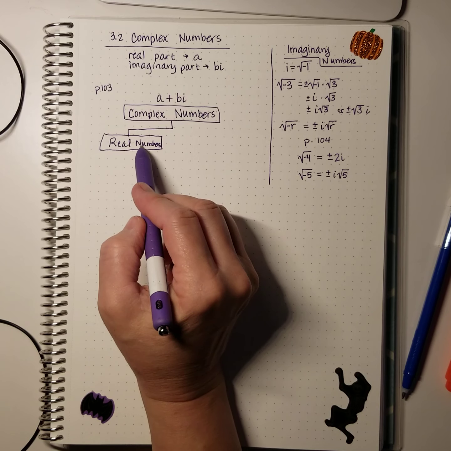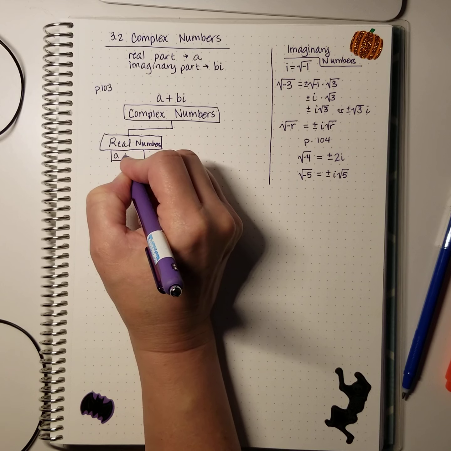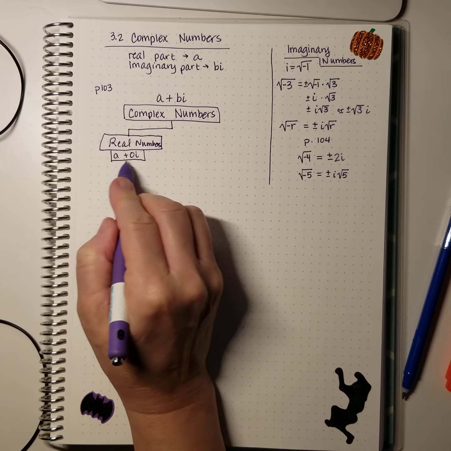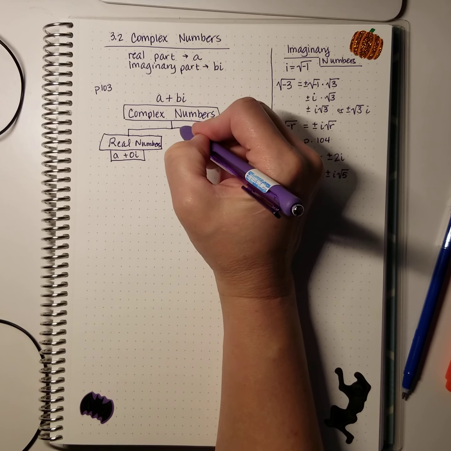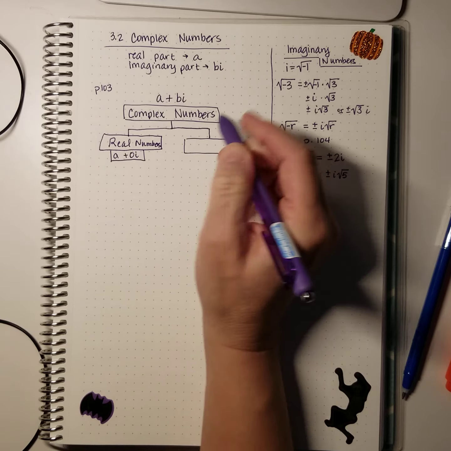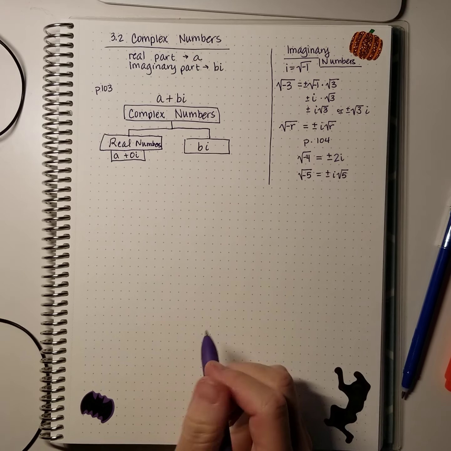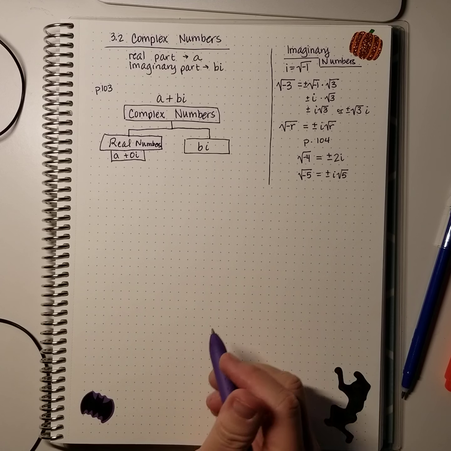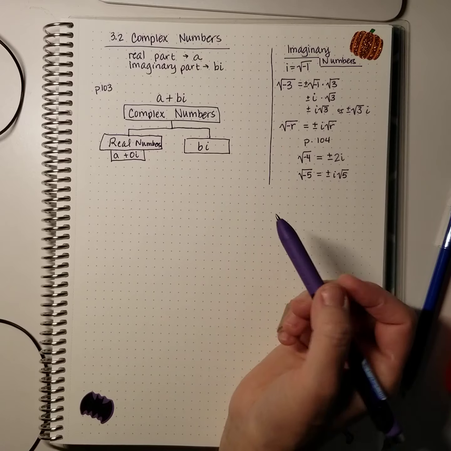So there'd be no imaginary part in the real numbers. So a plus 0i. So you would just have some number a. And then you could have pure imaginary numbers as well, which would just be this shape of bi. Okay, so imaginary numbers, where I equals the square root of -1.